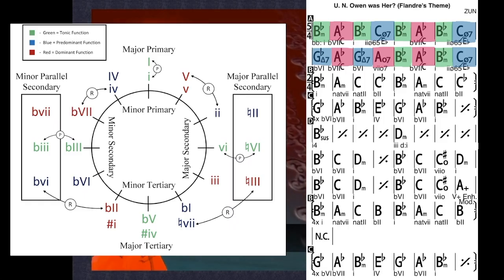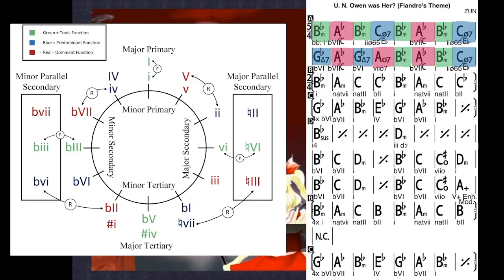Right? Doesn't that fully diminished 7 chord really want to resolve to that green chord in position 5? Let me play it again. Yeah, I think it's a really effective motion.